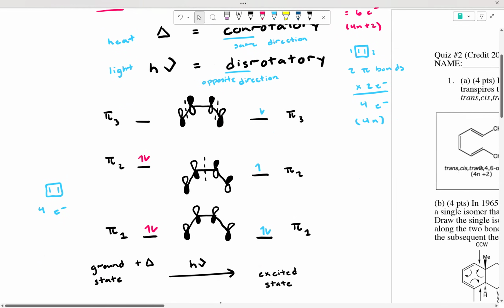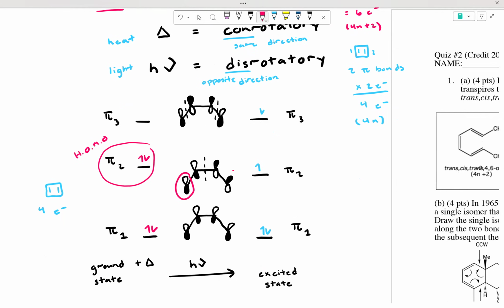Why does this make sense? We should look at pi 2, which is not our LUMO, it's actually our HOMO, the highest occupied molecular orbital. And we'll look at how these two molecular orbitals on the farthest sides of the molecule rotate to form a bond.